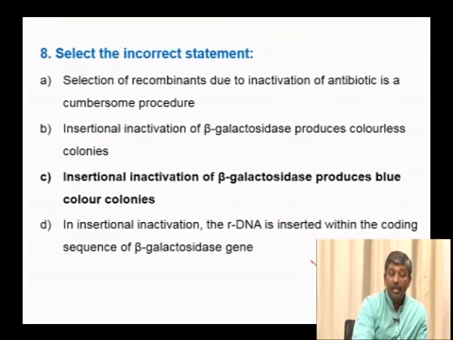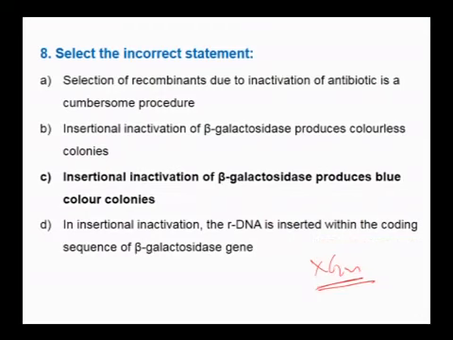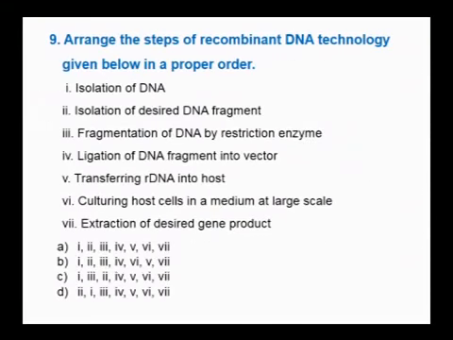Because the lacZ gene product is not produced, the X-gal substrate is not converted, or not acted upon by this enzyme, hence they produce colorless colonies, whereas blue color colonies are produced when the enzyme is active.